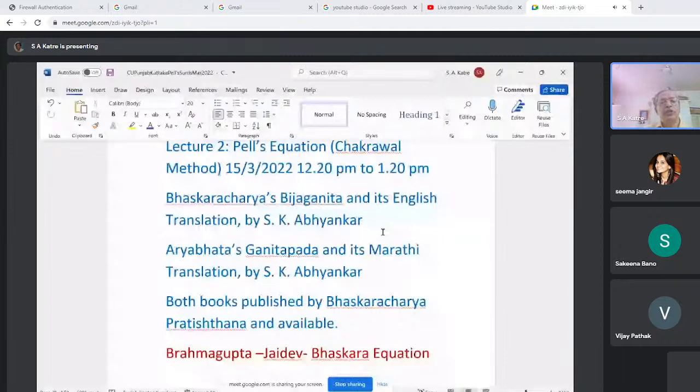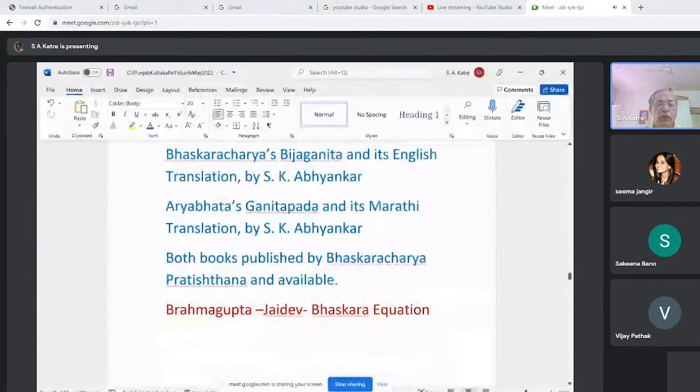Last time I specifically discussed the method of Aryabhata for solving the Kuttaka related problems. Today we shall see Pell's equation as done by Bhaskaracharya, because at the time of Aryabhata it was not known how to solve it, but Brahmagupta started solving equations of this type.